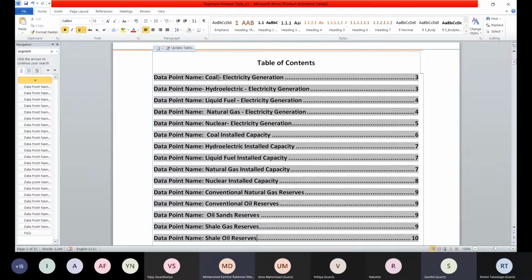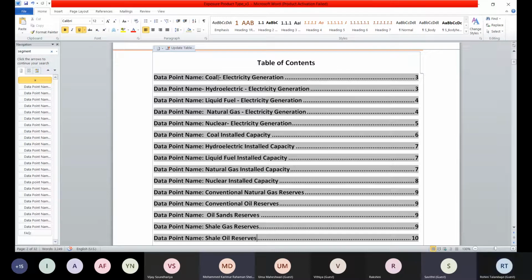So this set of generation data points will not be applicable for every company that you are processing. Only if the company is in the business of electricity generation, if their main business is generating electricity, then only will these data points be applicable and you will get the information for them.